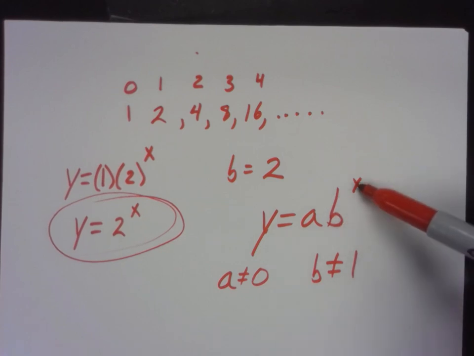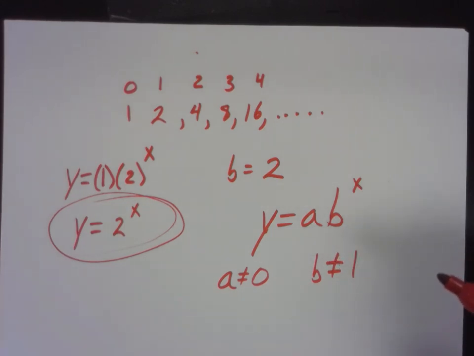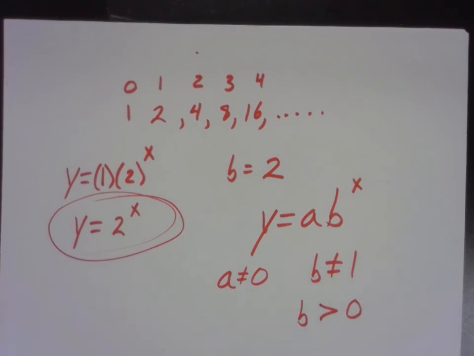1 to any power is still 1. It would just be a horizontal line is what you would end up with, right? Were there any other things about b? It had to be greater than 0. Could it be 0? It's got to be greater, right? Okay. So that common factor's got to be greater than 0.